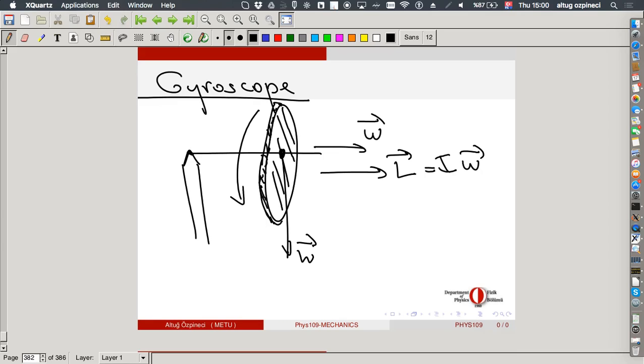Where is the center of mass of this object? Somewhere over here. What is the motion of the center of mass? Uniform circular motion, more or less uniform. So what is the acceleration of the center of mass?